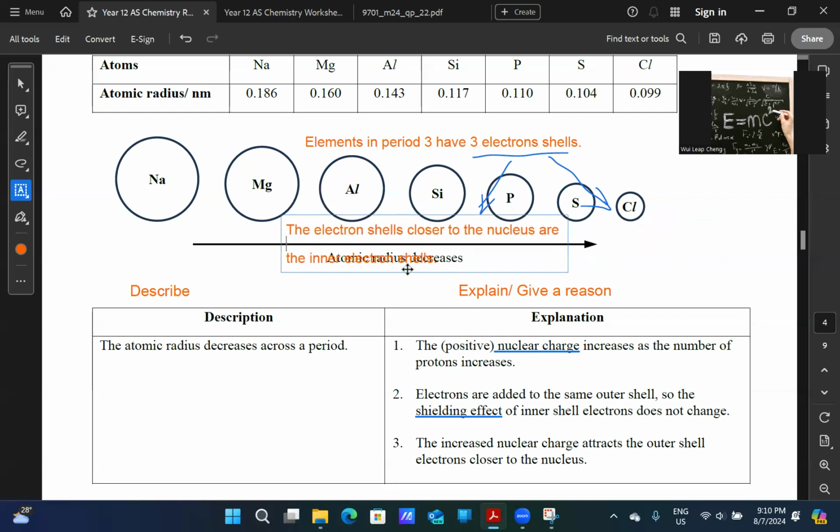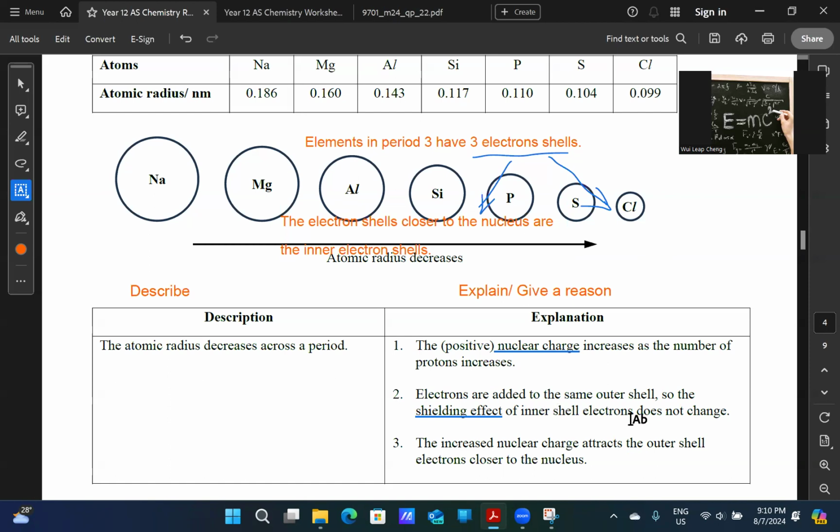Okay? The first 2 are. And then the last electron shell is the outer electron shell. Electrons are added to the same outer shell. The number of inner electron shells doesn't change. So the shielding effect of inner shell electrons does not change.